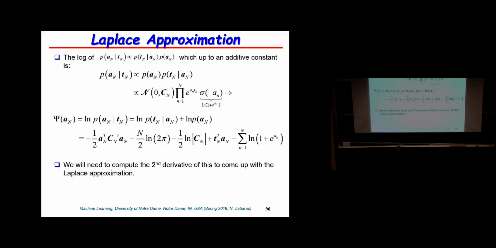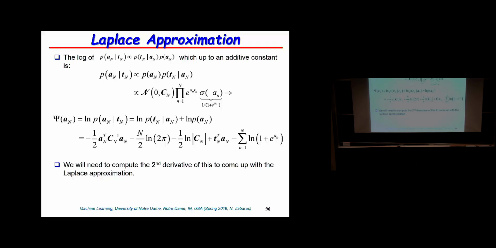How do you do Laplace approximation? Remind me, if you have a distribution, what ingredients do we need? We're going to fit a Gaussian, right? So what do we need? We will need to find the mode, and then we will need to find the Hessian, the second derivative at the mode.